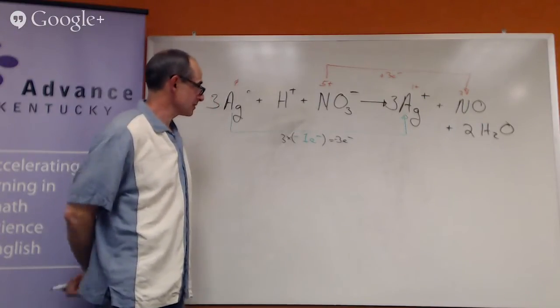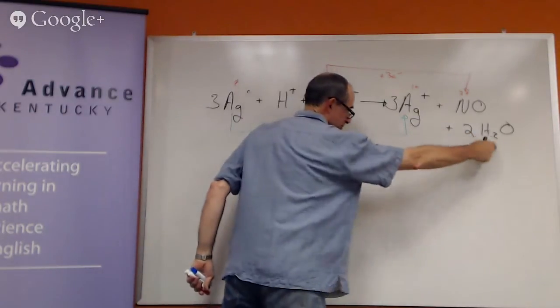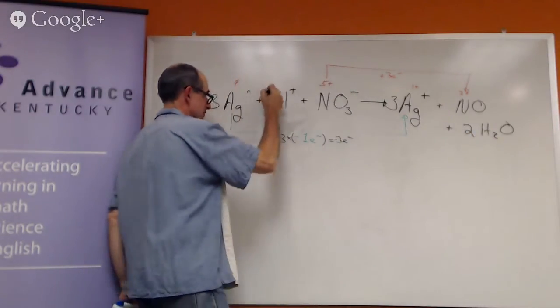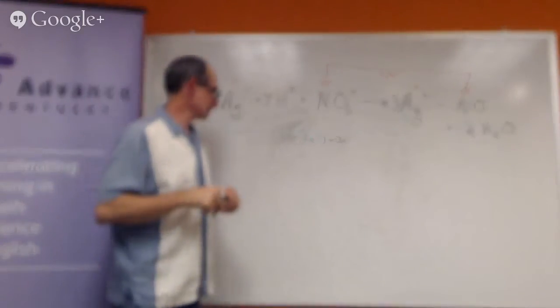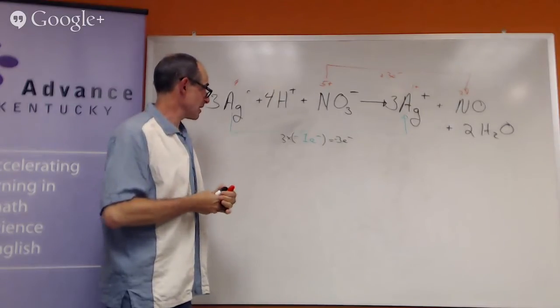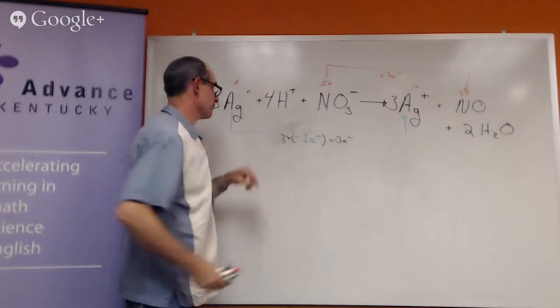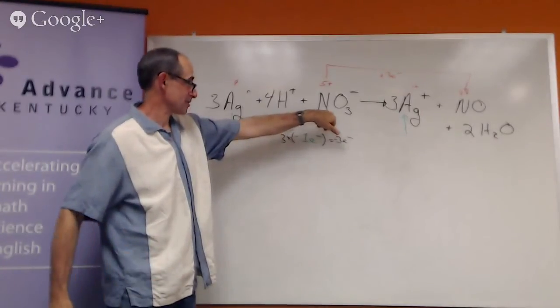And now for hydrogens, I have 1 here on the left, but 2 times 2 would be 4 on the right, so I need to add a coefficient of 4 there. And that would be my balanced net ionic equation.